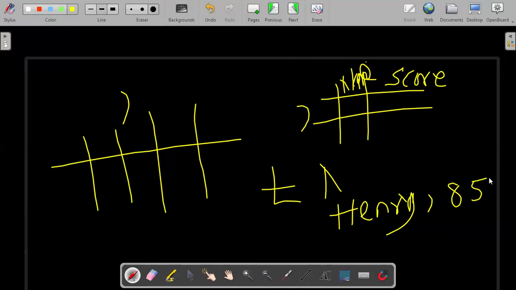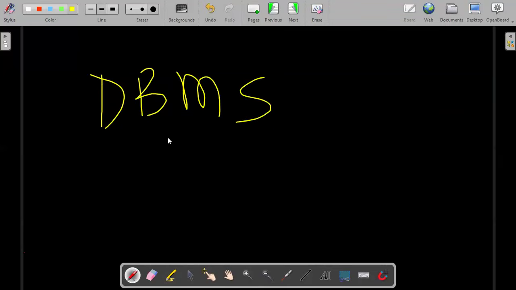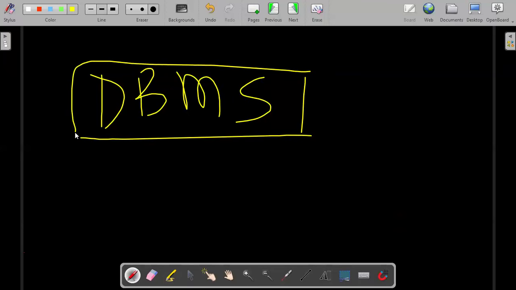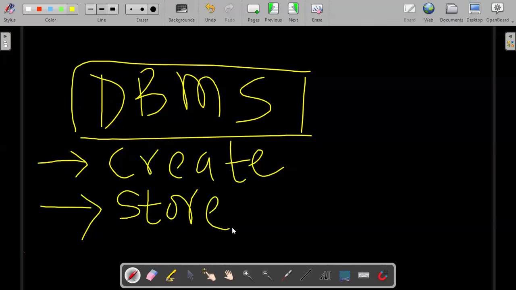So in simple terms, what does the DBMS do? The first thing it does is create. It stores data. It also retrieves data.